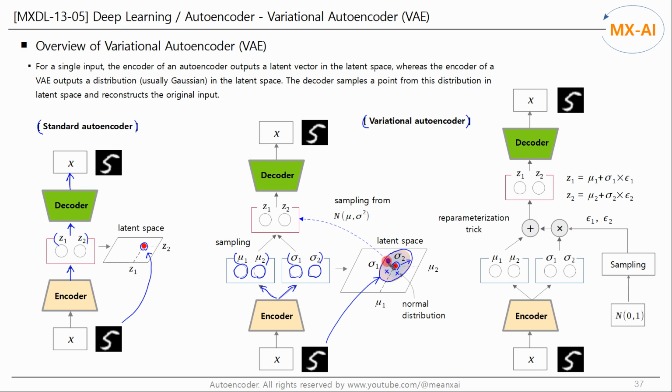And we sample a single latent vector Z from this distribution. The decoder reconstructs the original data X from the latent vector Z sampled from this distribution. This is the basic idea of variational autoencoder.